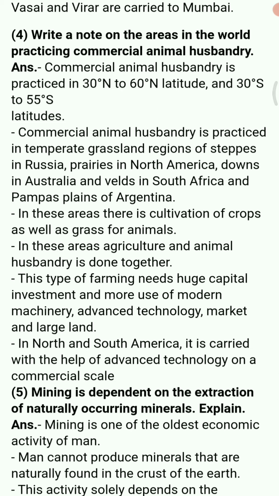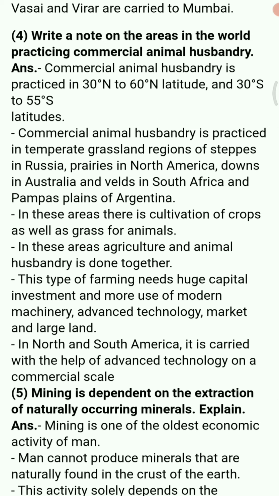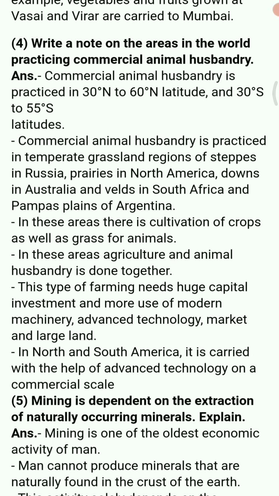So 30 degree north to 60 degree north और 30 degree south to 55 degree south, ये जो range है हमारे लैटिट्यूडनल एक्सटेंट्स है, तो इसी जगह पे एनिमल हस्बेंड्री ज़्यादा से ज़्यादा दिखाई देती है. ओके, so which are the places which come in this latitudinal extent? The places like Russia, North America, Prairies, Downs in Australia, Veldts in South Africa and Pampas plains of Argentina. ओके, तो यहाँ पे सारे ग्रासेस और small small bushes are seen which are consumed by the animals. Okay, बहुत ही pleasant environment होता है यहाँ पे.